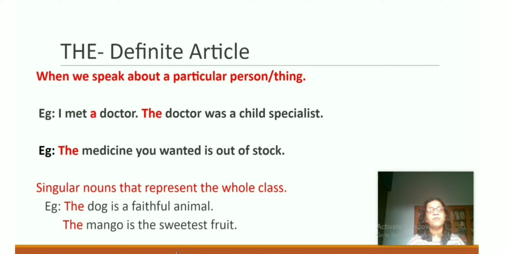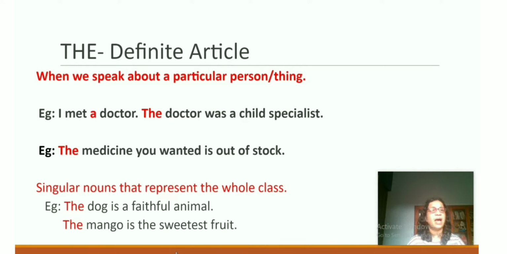Because I'm referring to the same doctor whom I've already talked about. So, to refer to any person as in a common noun, you use a before that common noun. But if you are referring to that particular person again, you will use the definite article the.